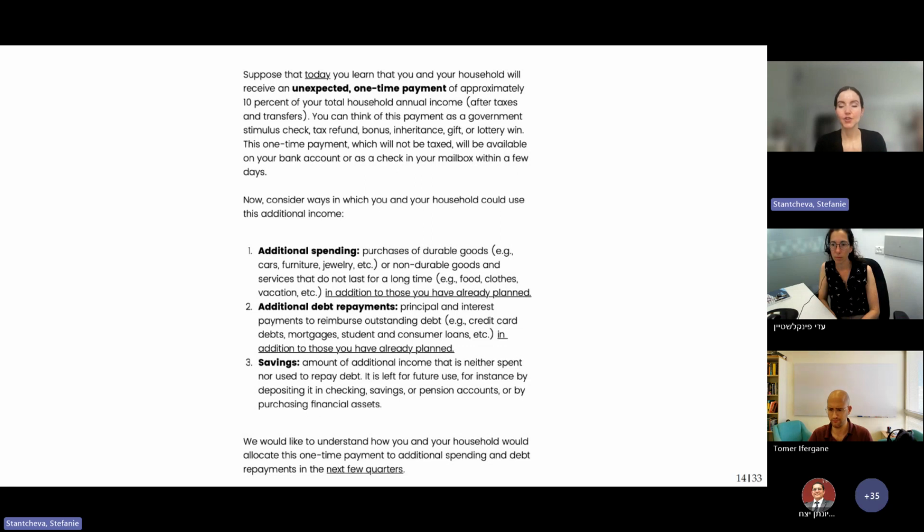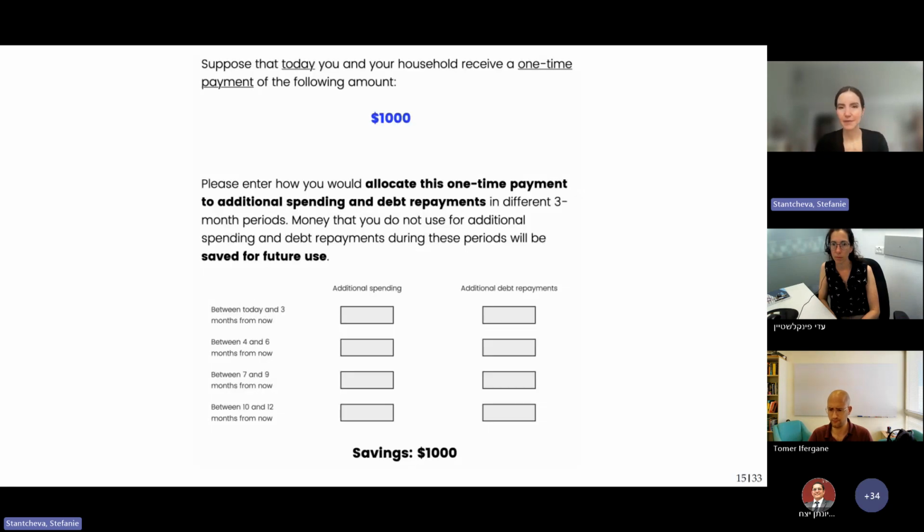And third, we need to ensure consistency and simplify any computational difficulties. We don't want the disincentive here to be that people are not able to compute things quickly enough. So what we do is this interactive feature in the survey where people see the size of either the expense or extra positive shock that they can have.